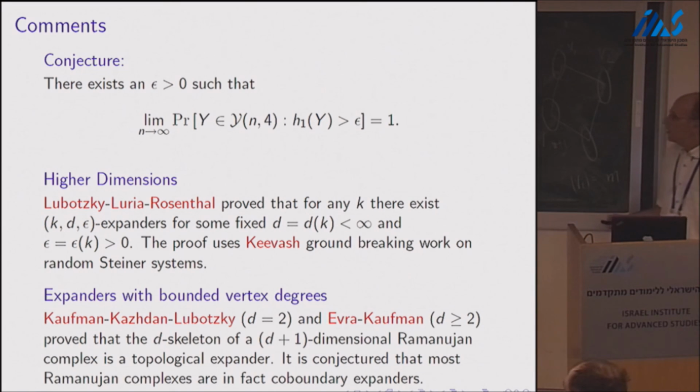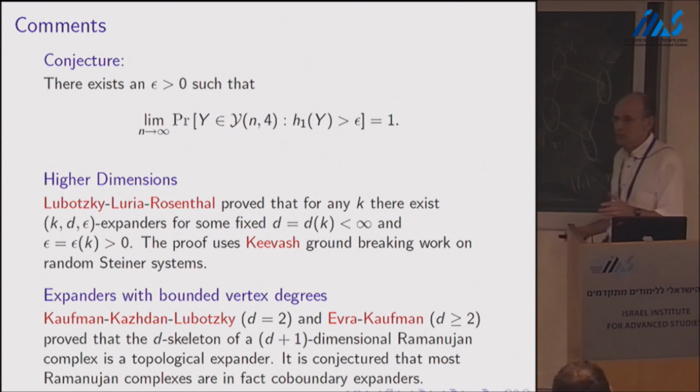And then for the harder questions of bounded vertex degree, here again it's work of Alex and Tali Kaufman and David Kazhdan for D equals 2, and Shai Evra and Tali Kaufman for general D, that they prove that the D-skeleton of a (D+1) Ramanujan complex, which probably Shai will tell us about, is a topological expander.